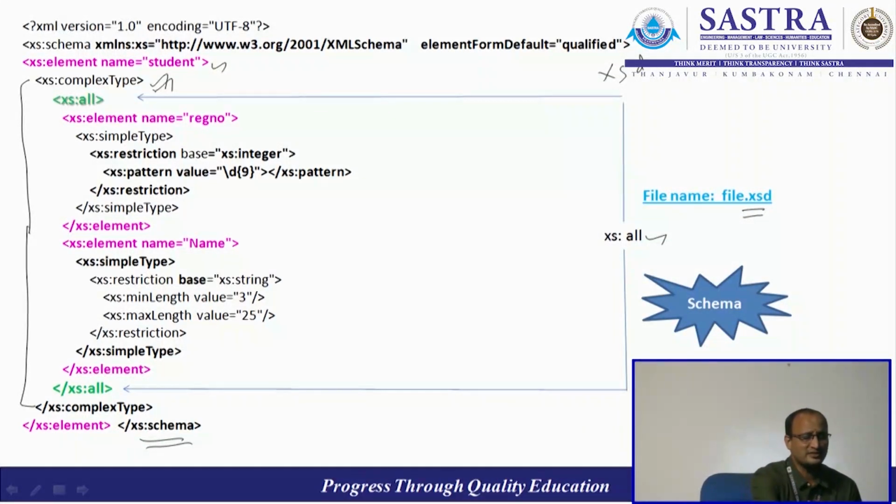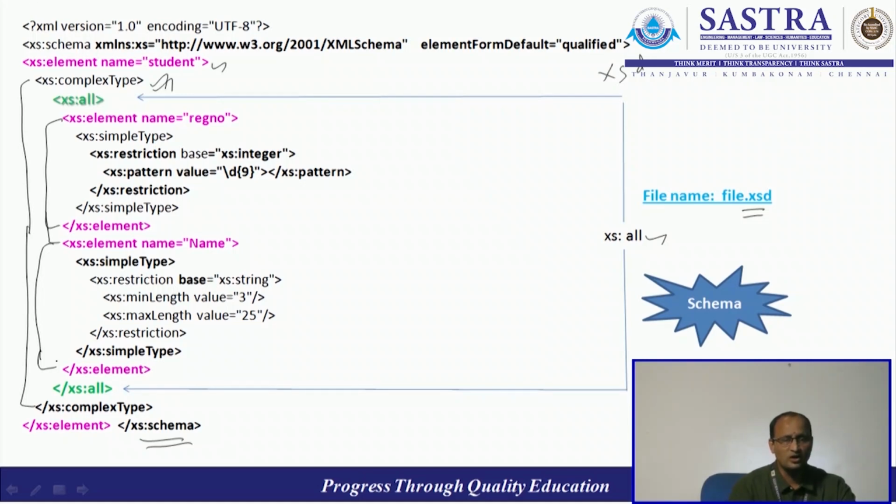So in the complex type, I have given all, which means the register number and name elements can be given in any order. This is the concept of the child elements can be given in any order, which is called all.